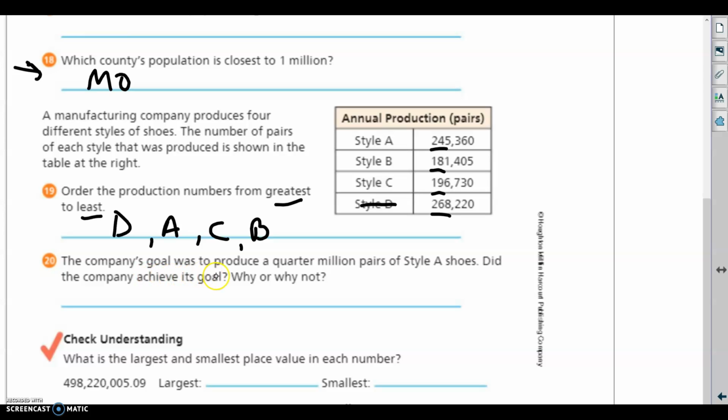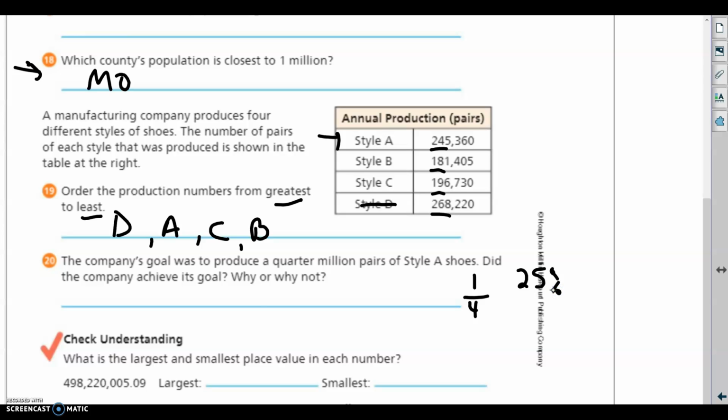Now, the company's goal is to produce 250,000 pairs of style A shoes. Did the company achieve its goal? Why or why not? So you have to think about 1/4 of a million. Well, you remember 1/4 is 25%.